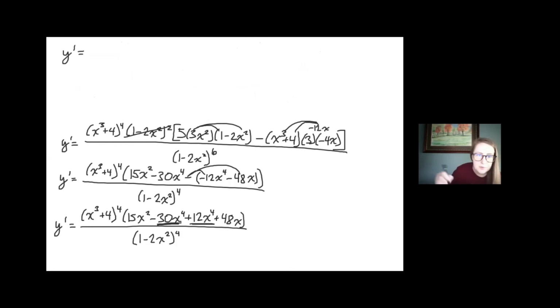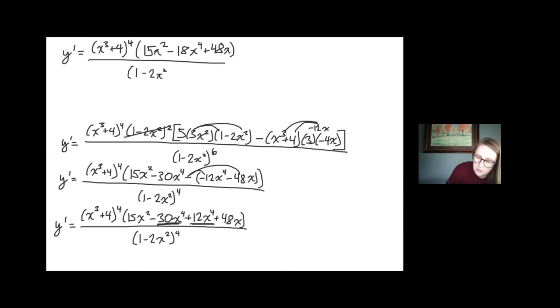So combining those like terms, we would still have this x cubed plus 4 to the 4th times 15x squared, and then negative 30 plus 12 is negative 18x to the 4th plus 48x. Okay, so I would be happy with this as your answer.